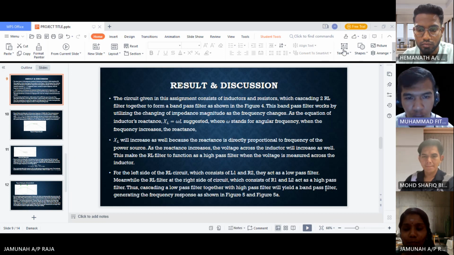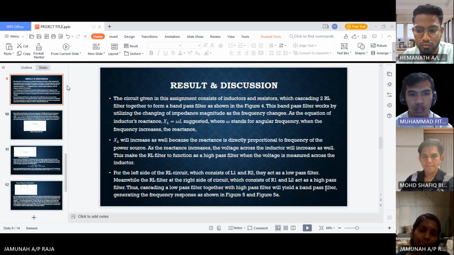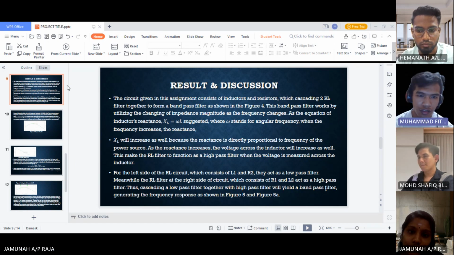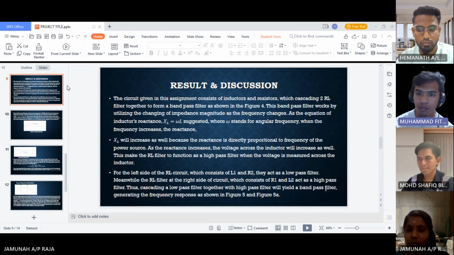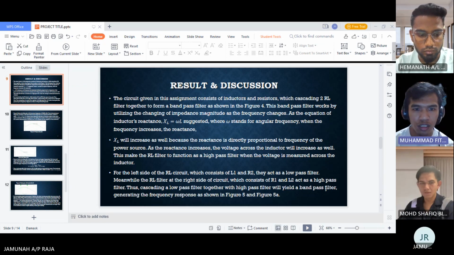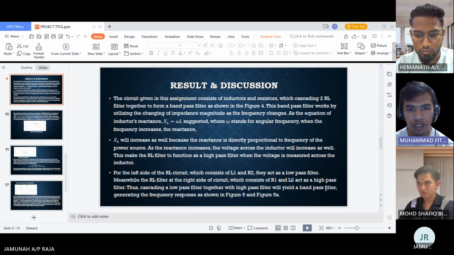Okay, thank you, Jamuna. So this one is for result and discussion. The circuit given in this segment consists of inductors and resistors, which cascade two RL filters together to form a band pass filter as shown in figure 4.